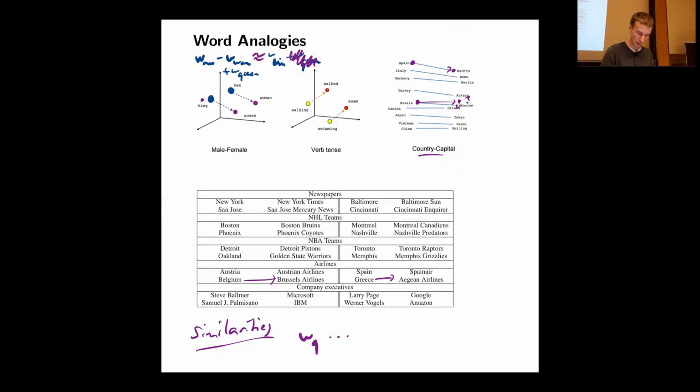And also this example we have here: for verbs, it will understand past tense, so swimming and swam will first of all be rather close. And second, the direction will be meaningful, in that past tense is always shifted in one particular direction.